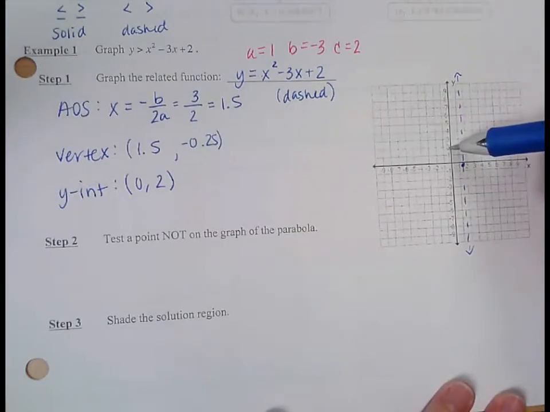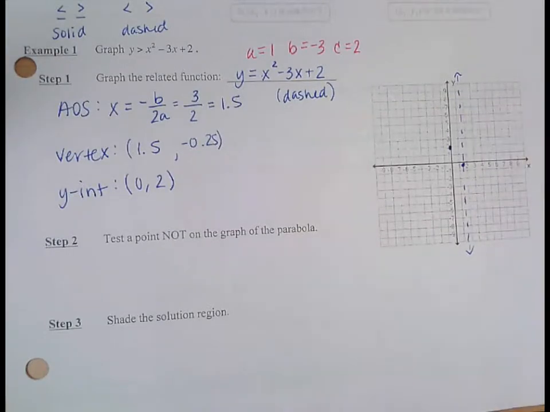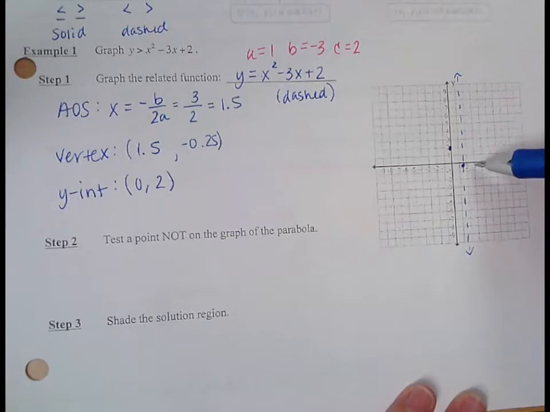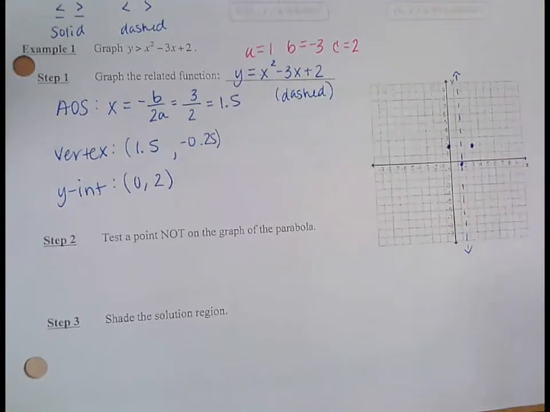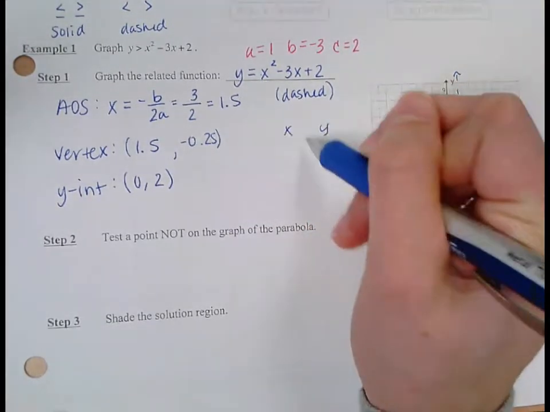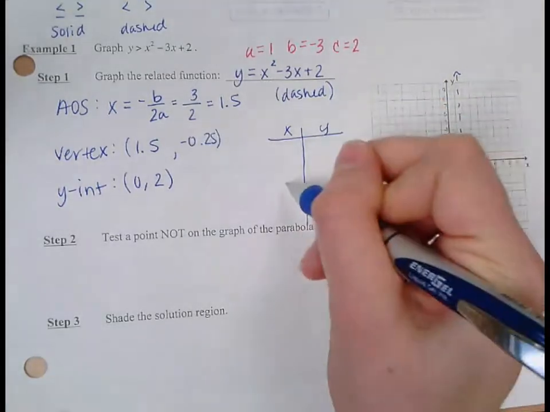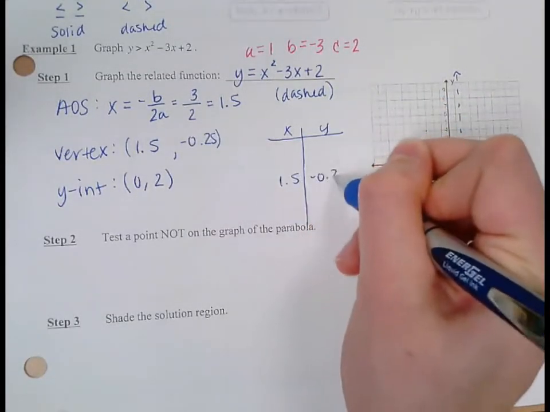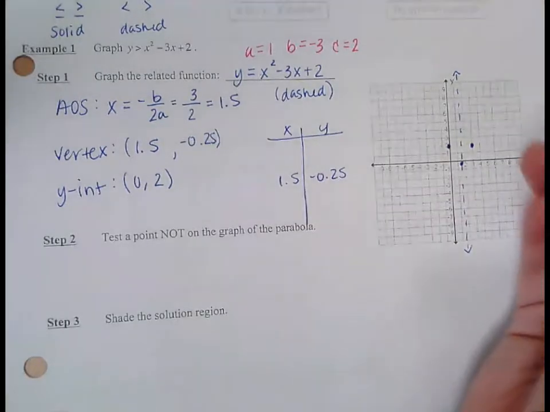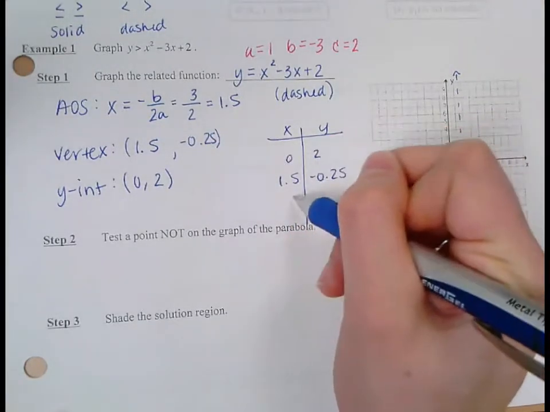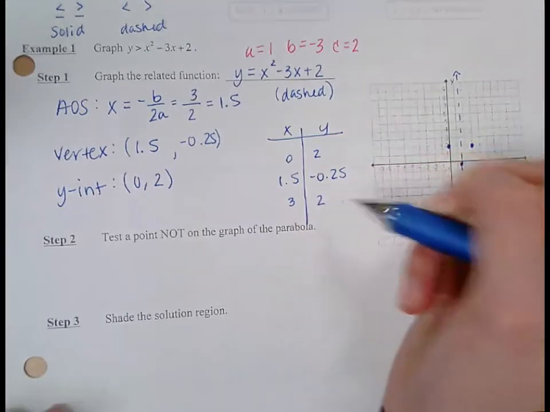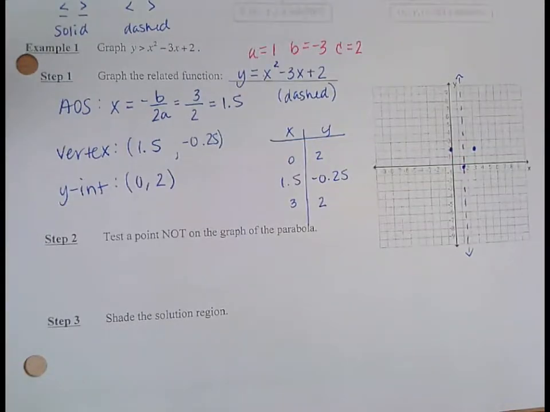So I can plot a point at 0, 2, and then if I reflect that over the line of symmetry, what other point do we know? 3, 2. Okay, so the table, actually setting up a table is optional. You don't have to do it. I'm just going to do it to organize what we have. Okay, so we need 2 other points. So what else could we substitute in?